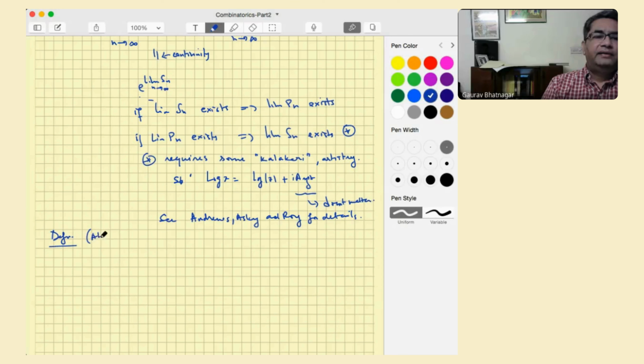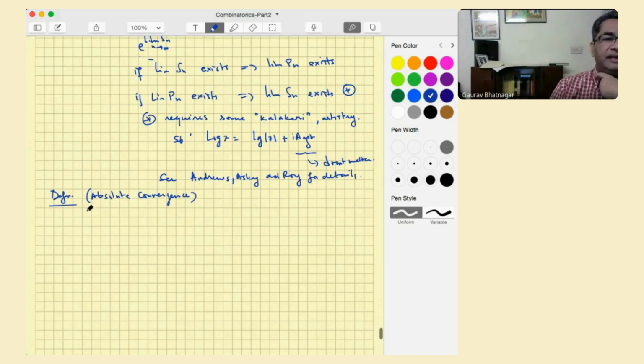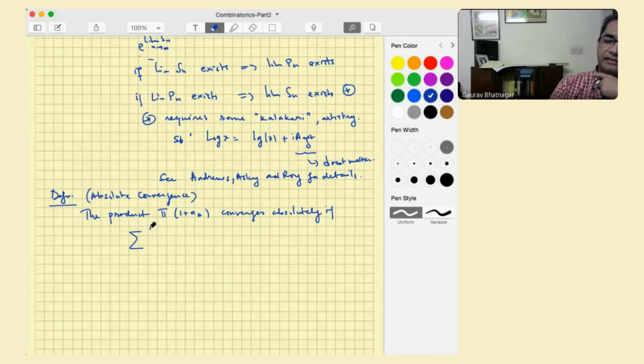Okay, what is most important for us is absolute convergence. If you remember, absolute convergence used to imply convergence in series. So this is very important. This is the definition. The product of 1 plus a_k converges absolutely if the series of log(1 plus a_k) converges absolutely.